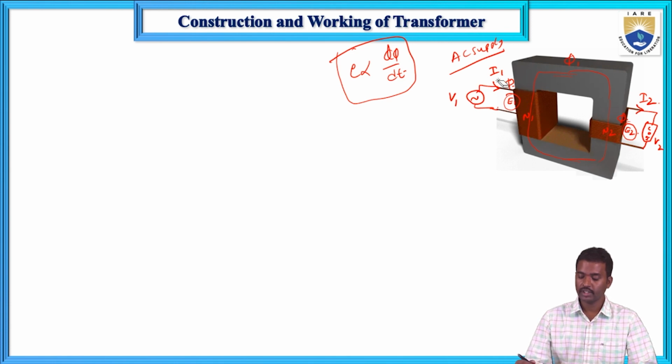If you give the AC V1 supply to the transformer primary winding, current flows in the primary winding because of this closed circuit, and this current sets up the flux phi. This phi flux links with the magnetic core, and the magnetic core provides the definite path for this flux phi, which links with the secondary winding.